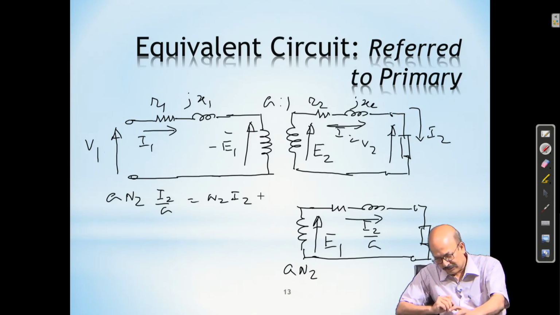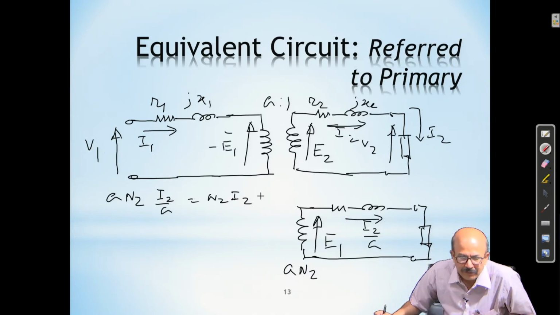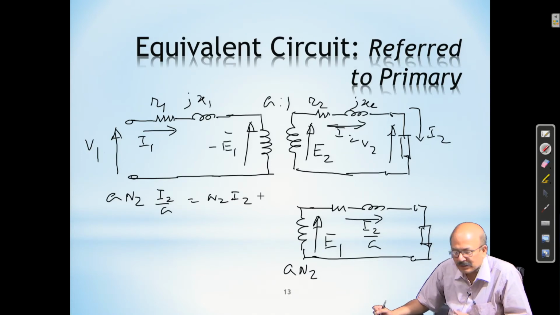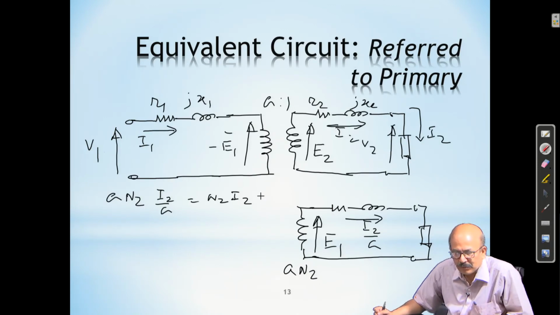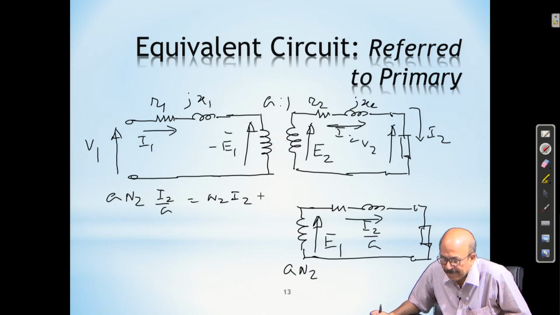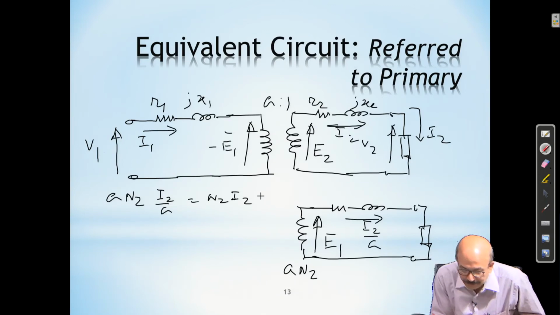So, if we have a secondary with N1 number of turns and the corresponding current I2 by a, magnetically it is the same. The transformer will not be able to identify the fictitious from the original; they will behave exactly the same way and produce the same MMF. Now, how about the electrical equation?